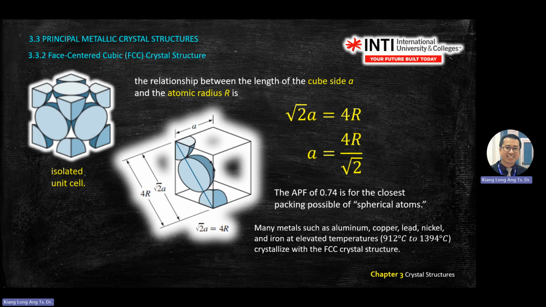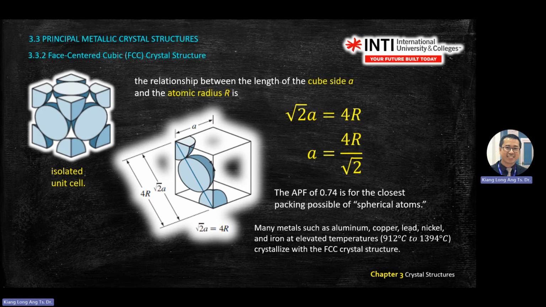Okay, so if the question asks you to prove, you need to draw this diagram. Give me what is the side. The diagonal side equal to square root 2 a, same with 4r. Then write this equation: square root 2 a equal to 4r. Arrive at this equation: a equal to 4r divided by square root of 2. And here, then give me APF equation.